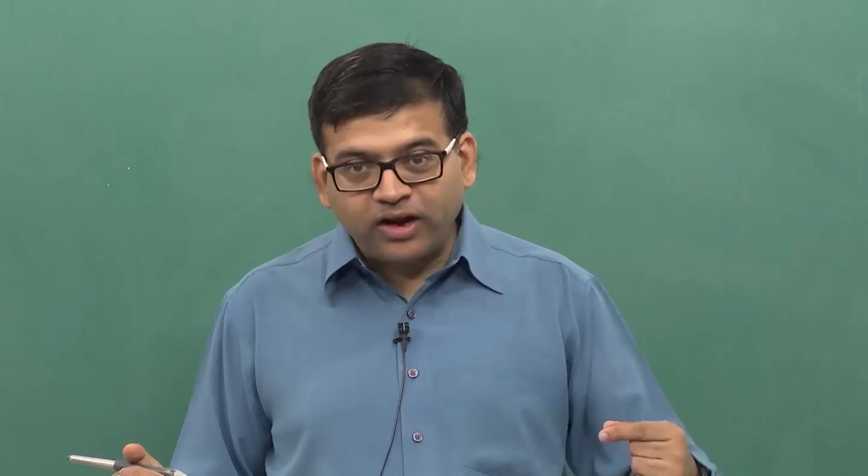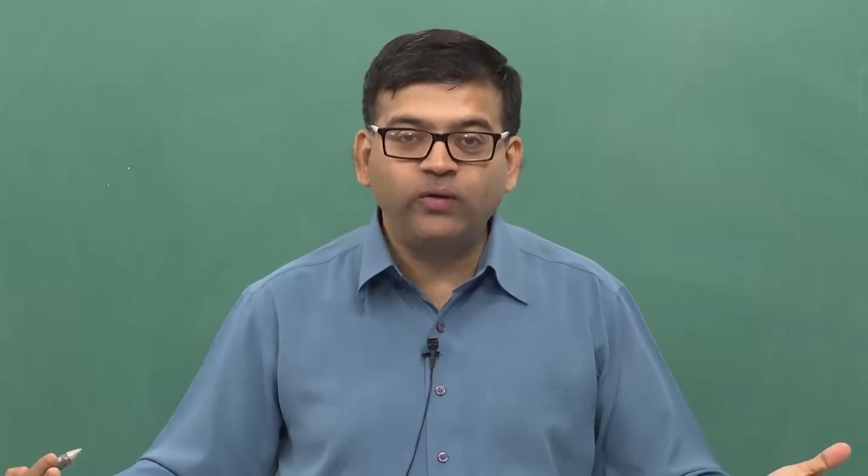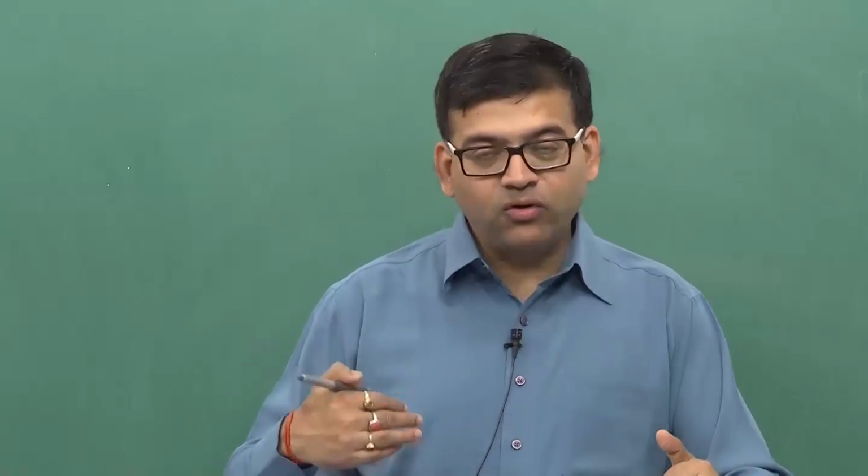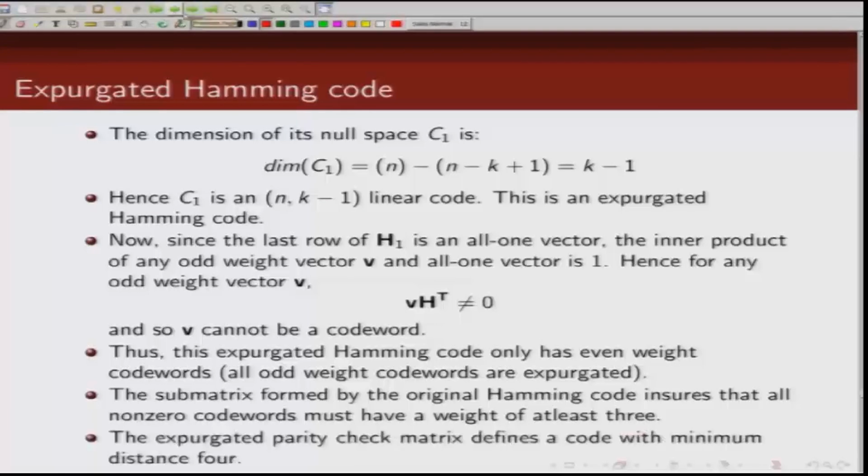Why? The original code has minimum distance 3, but now we got rid of all odd weight code words. So, the minimum distance of this new code, the expurgated Hamming code, would be 4.